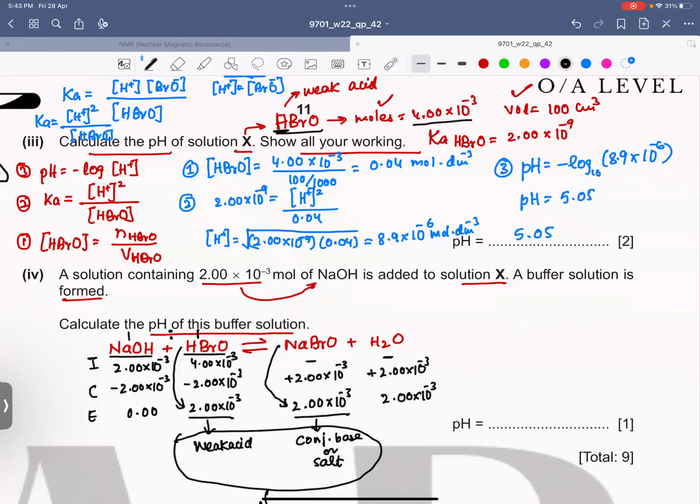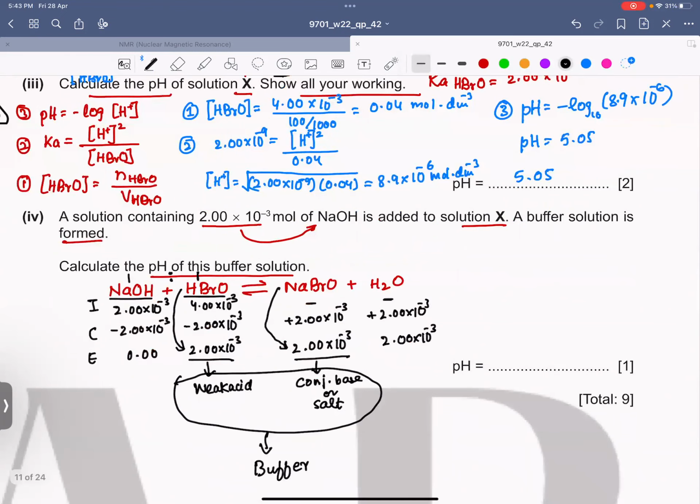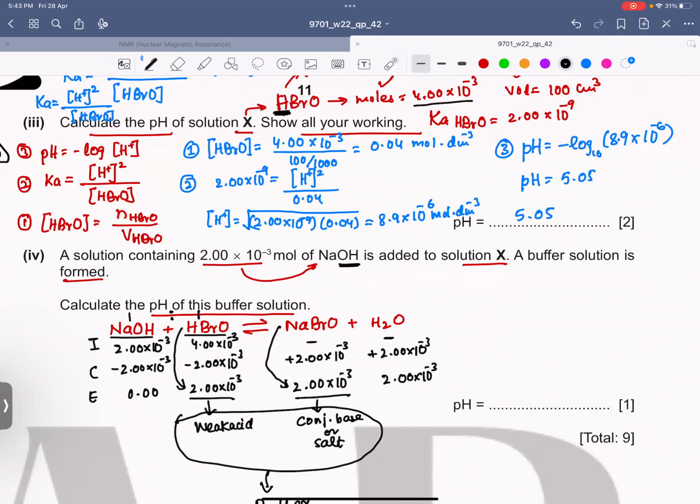Is there 1 hydrogen ion in HBrO? Yes, 1. And we are adding sodium hydroxide, and in that sodium hydroxide, there is 1 hydroxide as well, right? Yes, sir, so that forms water.